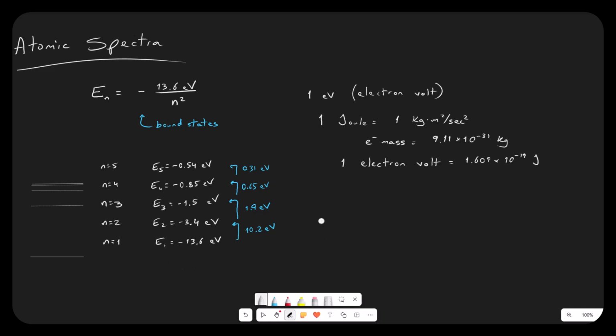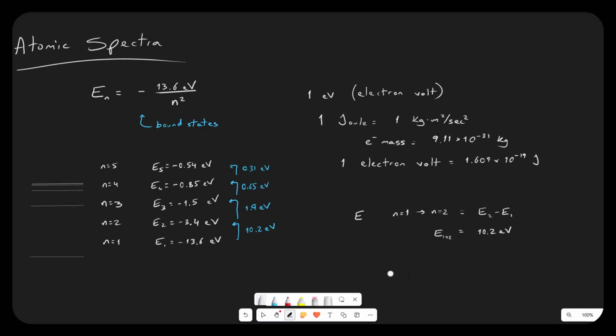We say that the energy needed to move from the n equals 1 level to the n equals 2 level is equal to E2 minus E1. So we get E2 minus E1 is 10.2 eV. That's our energy 1 to 2.